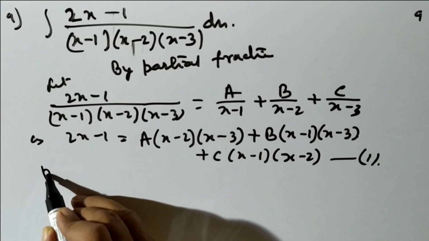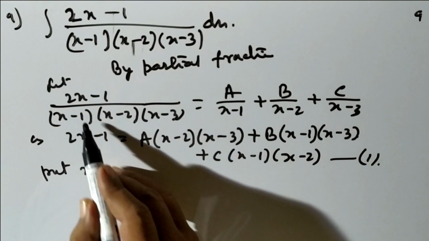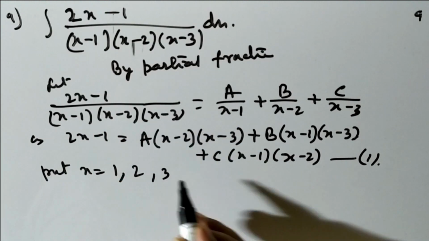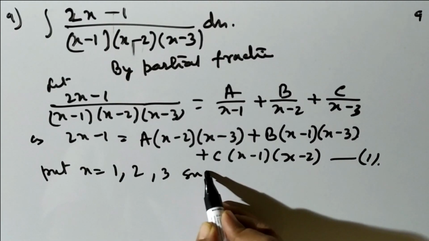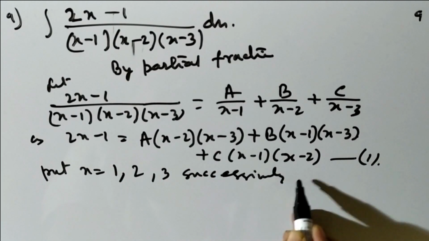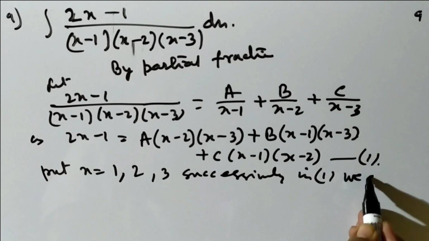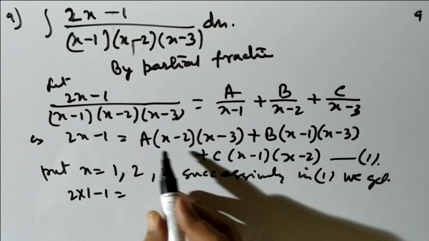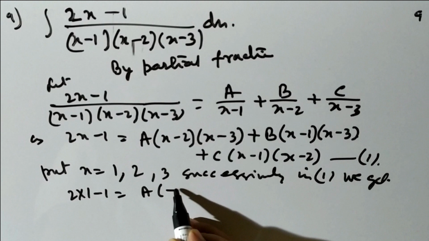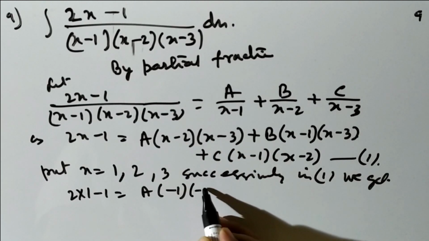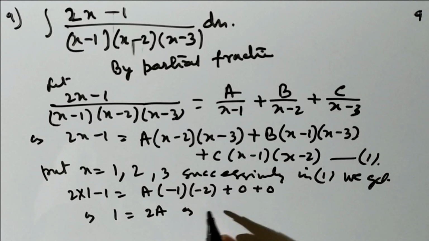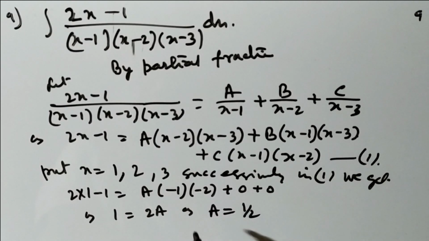Put x equal to 1, 2, and 3 successively in equation 1. First put 1, that means 2(1)-1 equals A(1-2)(1-3), where 1-2 is -1 and 1-3 is -2, plus 0 plus 0, or 1 equals 2A, or A equals 1/2.